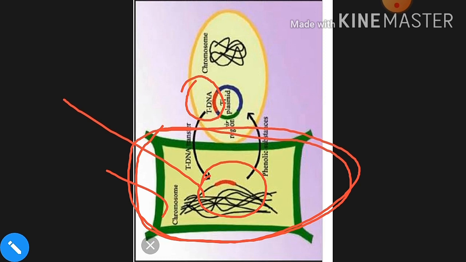Now this is the way of transferring the gene with the help of TI plasmid into the plant cells. Okay, still if you have any confusion, then you can discuss with me.